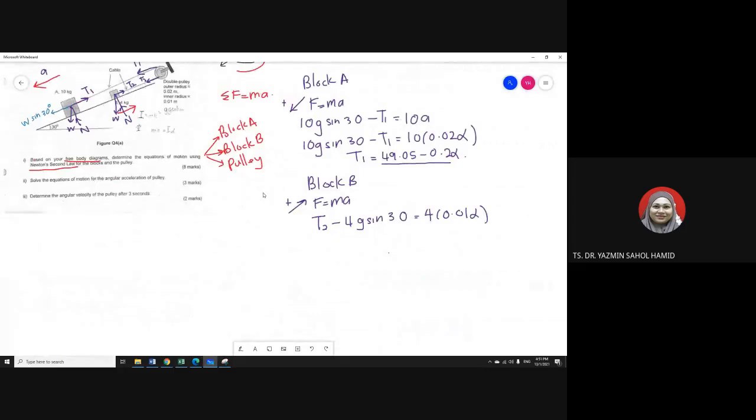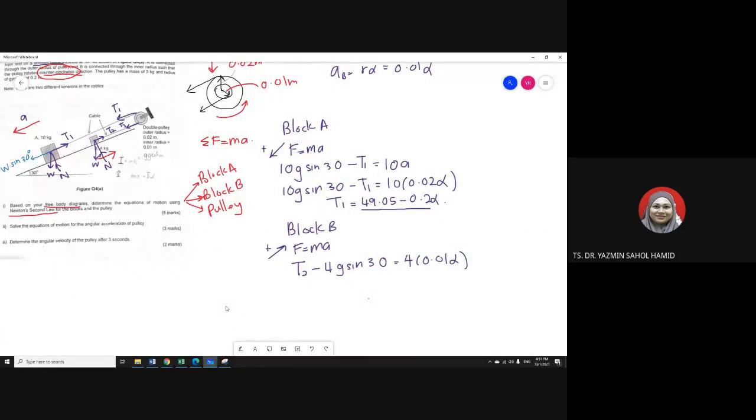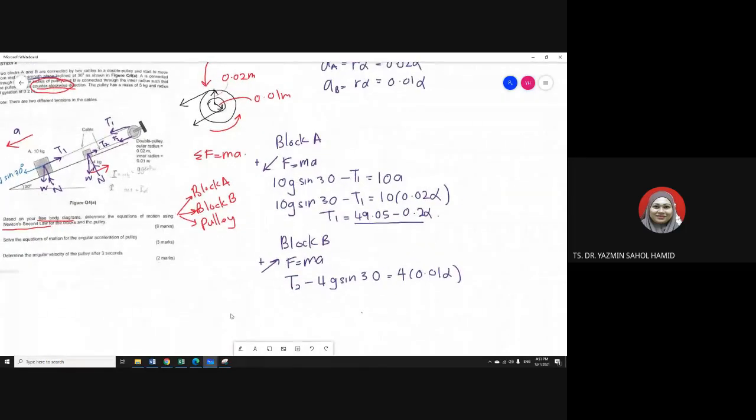Next, we need to do the pulley. For the pulley, very simple. Look at this diagram for the pulley. This will be T1 and this will be T2.